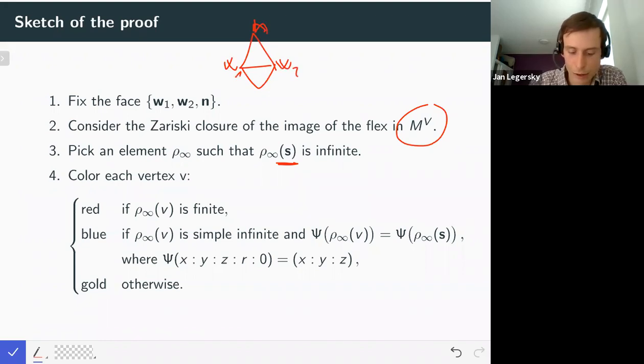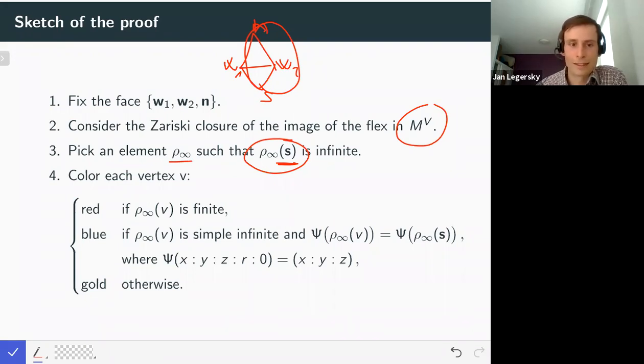So the images under the Möbius embedding are finite, and this vertex S, since we assume that the dihedral angle changes along the flex, so the vertex somehow rotates around the edge, the corresponding component in the Legerský closure is at least one-dimensional, so it hits the infinite hyperplane. So there actually exists a point at infinity in this Legerský closure for the vertex S. We call this element rho infinity.